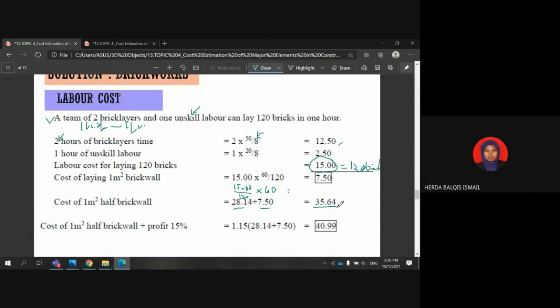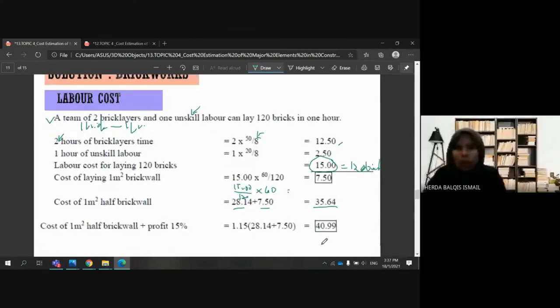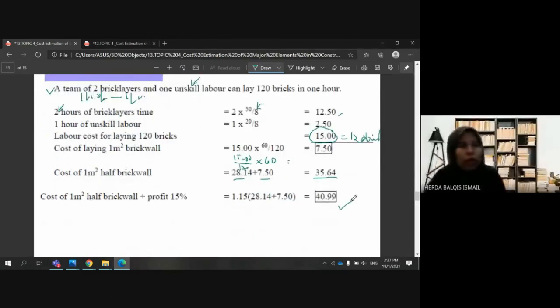If not stated in your question, you can assume, but if stated, you need to use the percentage of profit given. So here profit is 15%. You multiply to get the cost of 1 meter of half brick wall with the profit of 15%. We get 40 ringgit 90 as the answer.